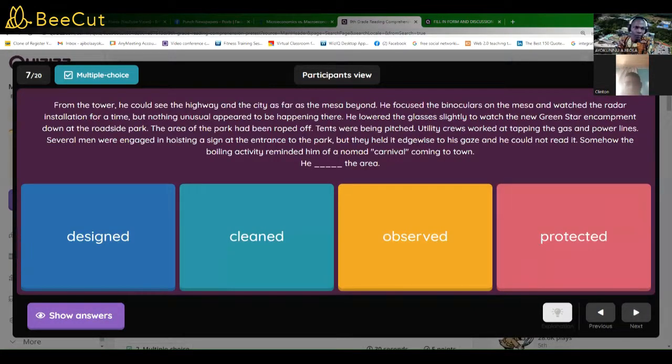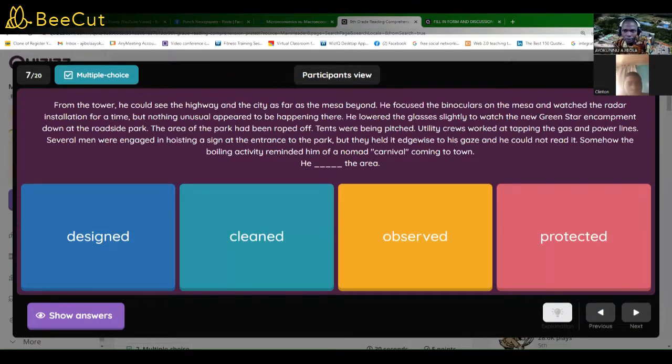Okay, from the tower, he could see the highway and the city as far as the mesa beyond. He focused the binoculars on the mesa and watched the radar installation for a time, but nothing unusual appeared to be happening there. He lowered the glasses slightly to watch the new Green Star encampment down at the roadside park. The area of the park had been roped off.